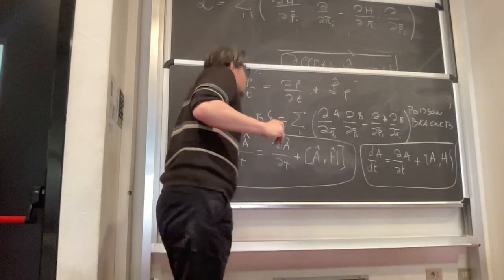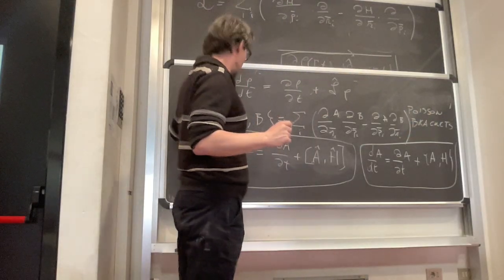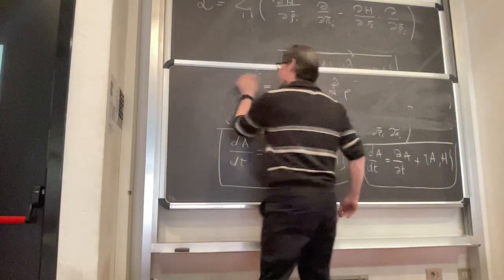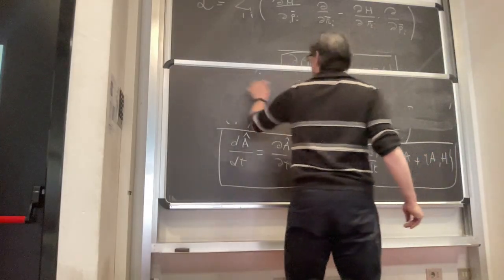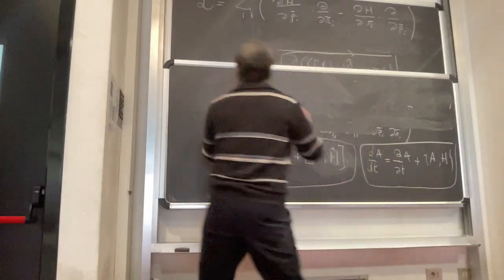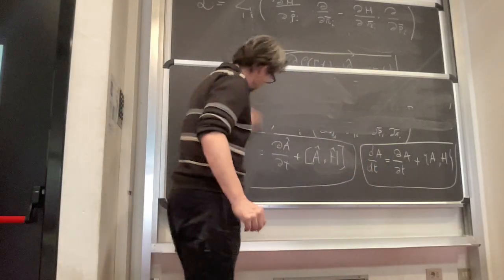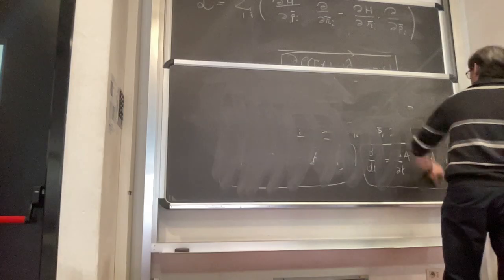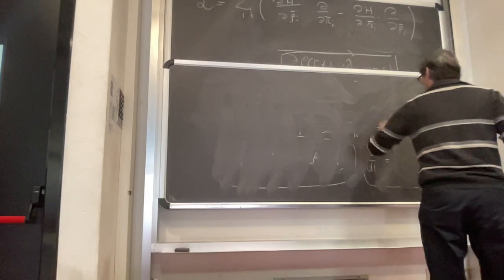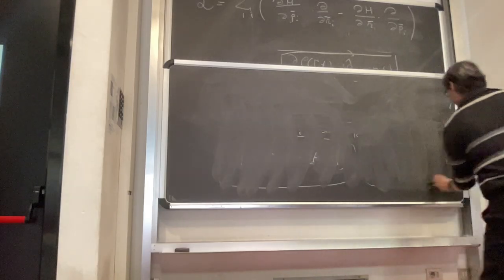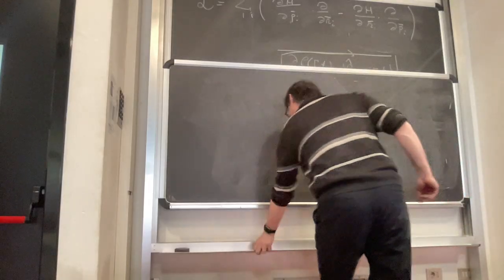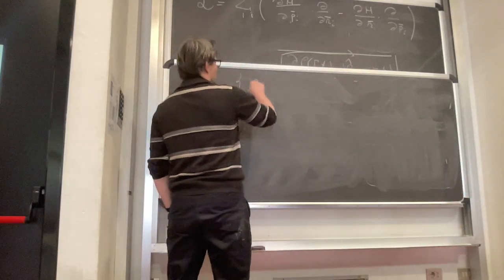Because of this Poisson bracket description that I just mentioned, the stationary phase space distribution will be characterized by a particular value of the Poisson bracket.